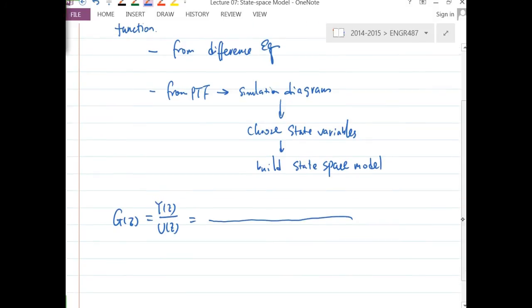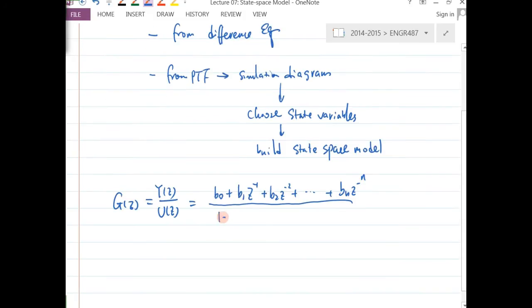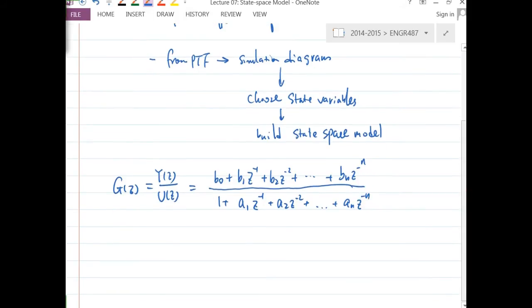It's a numerator over a denominator, and I'm writing it in descending order in terms of z to the power negative, so it's sort of a DSP format.